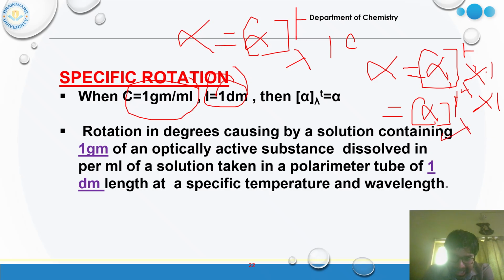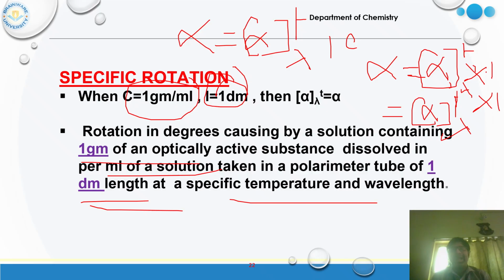Specific rotation is the angle of rotation of an optically active molecule having concentration 1 gram per ml, when it is taken in a polarimeter tube of length 1 decimeter. And what are the constants? The constants are temperature and wavelength.